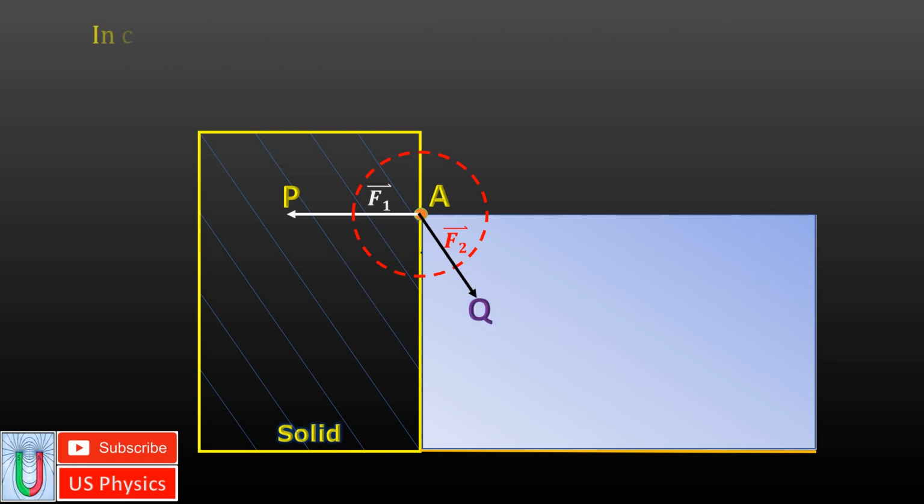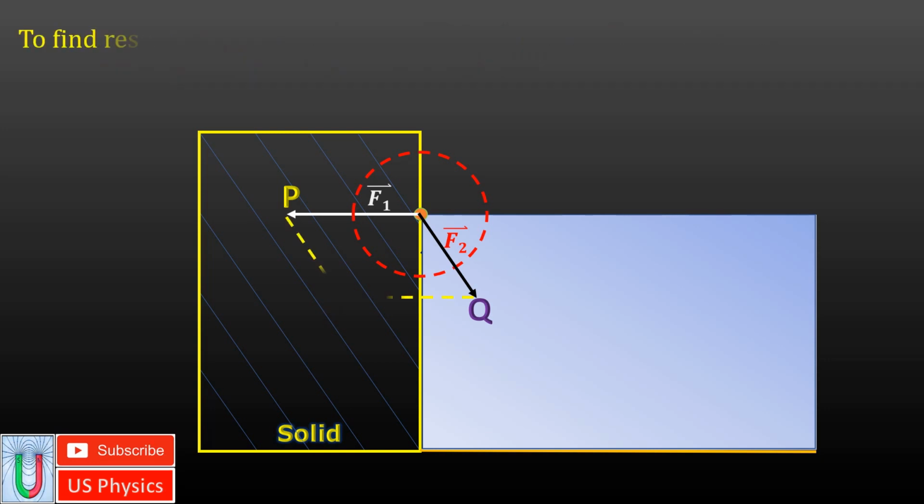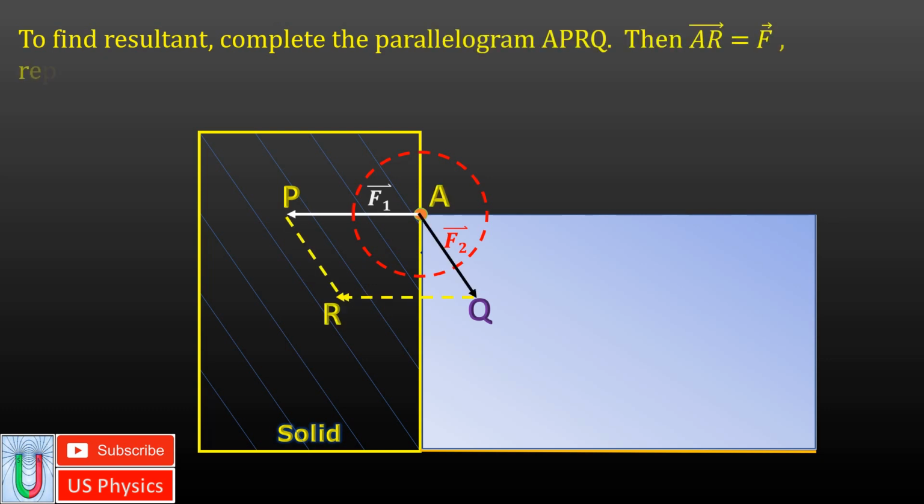Vector AQ bar equals F2 bar represents cohesive force acting on molecule A due to molecules of liquid. In case of liquid which partially wets solid, adhesive force is greater than cohesive force, that is AP bar is greater than AQ bar. To find resultant of AP bar and AQ bar, complete the parallelogram APRQ.